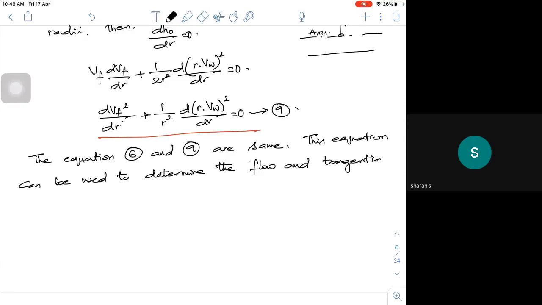So we have seen some of the special cases.